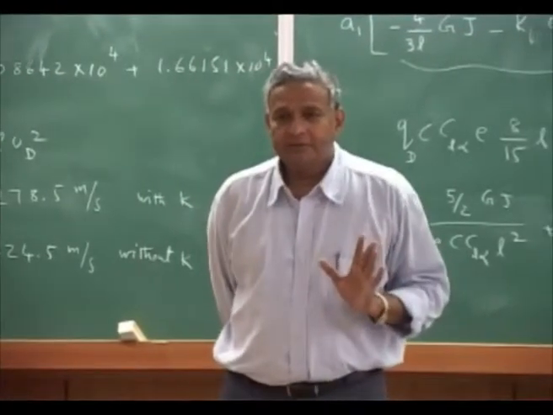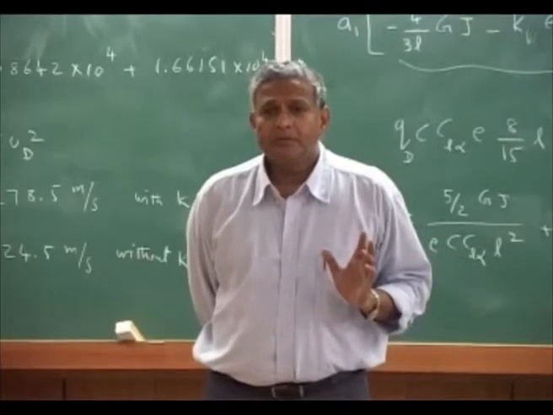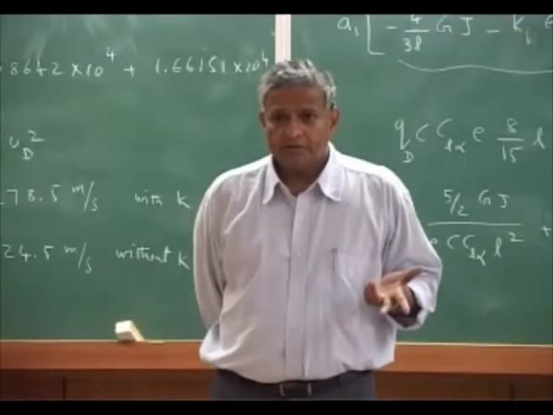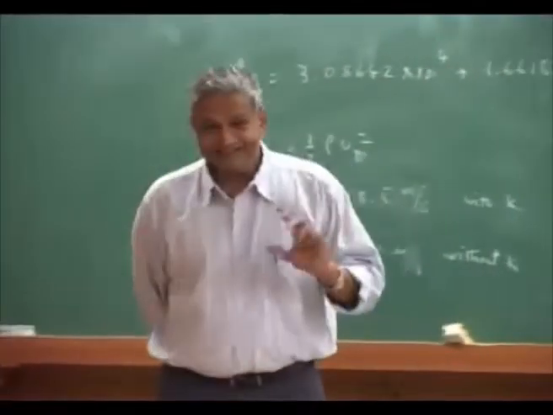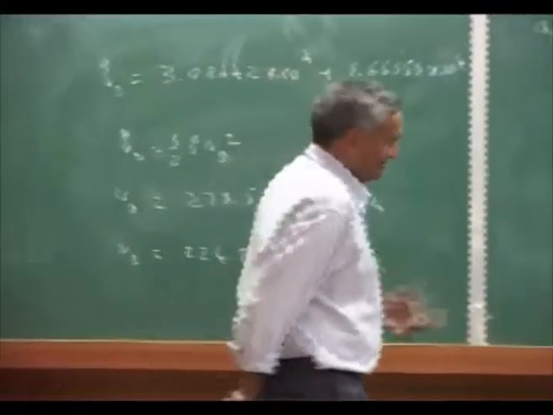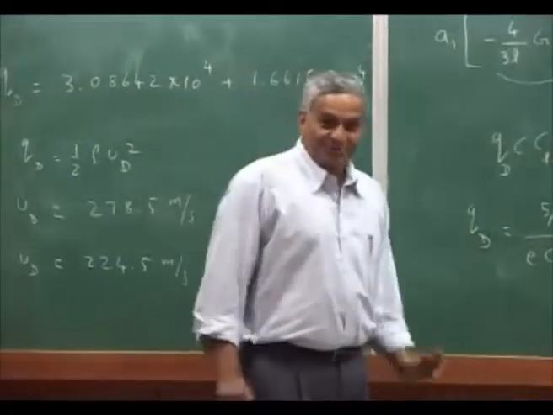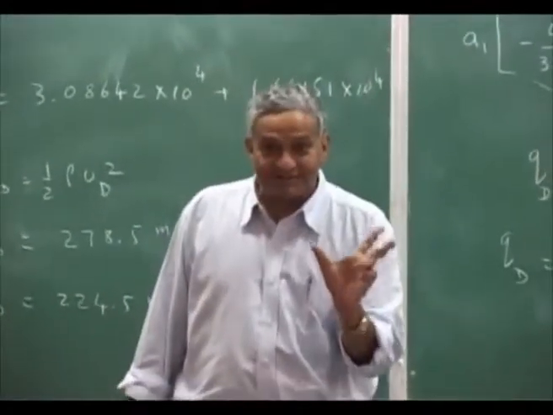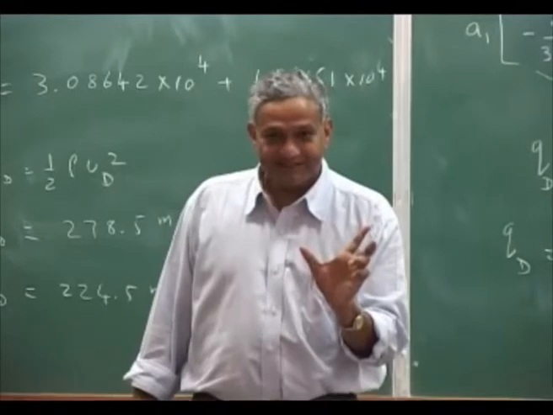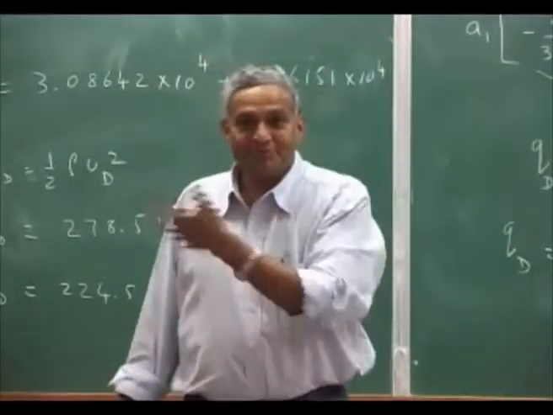Two values of Q? We will have two values, because we will have two sets of equations. Because you will have a bending deformation and a torsion deformation, two equations are there, right? You will have some A1, A2, A3, B1, B2, B3.